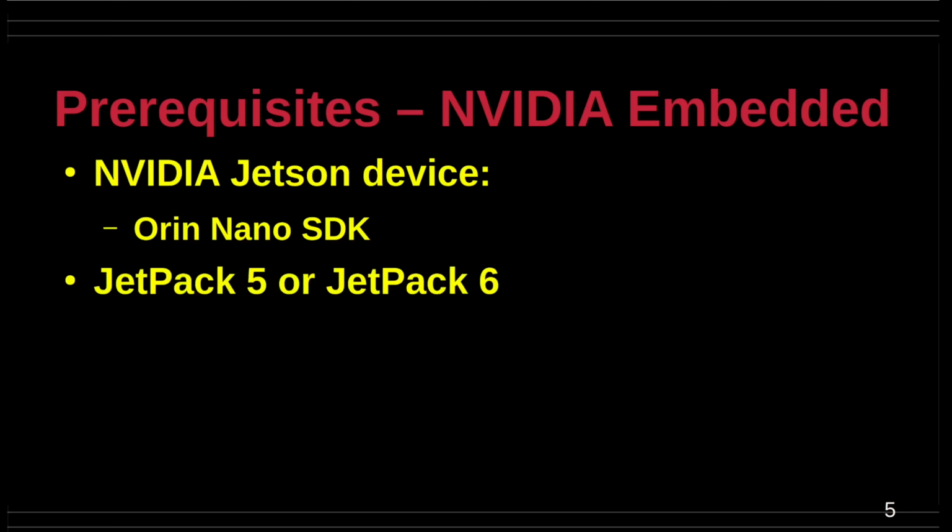For this demonstration, we will use the last one, the Orin Nano SDK. The chosen device must run either Jetpack 5 or Jetpack 6. The Orin Nano SDK can be upgraded to Jetpack 6.